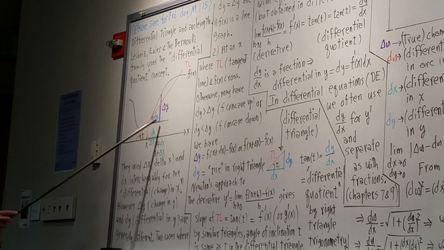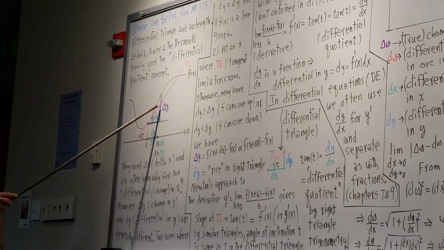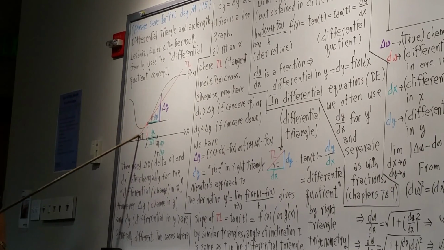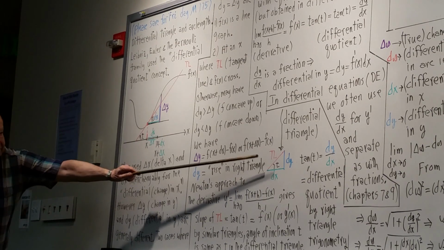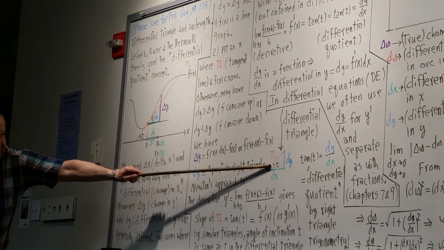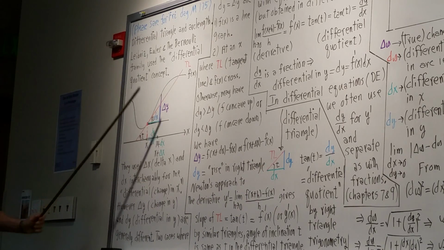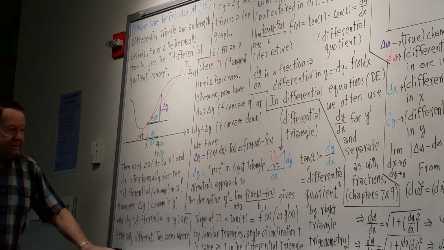Whereas the dy is the rise in this right triangle, where the rise is the blue, the run is the green, and the third side is along the tangent line. So here's the little differential triangle, as it's called. Notice that was my title. This is repeated out over here.